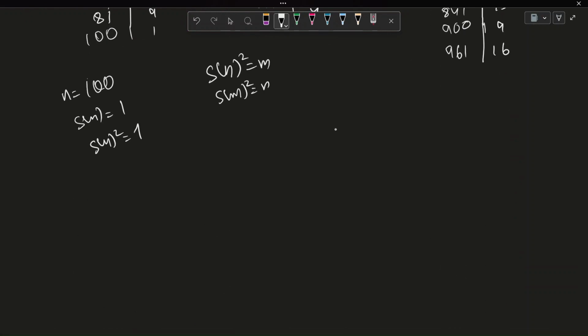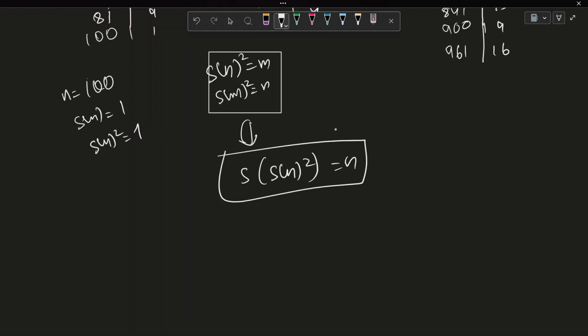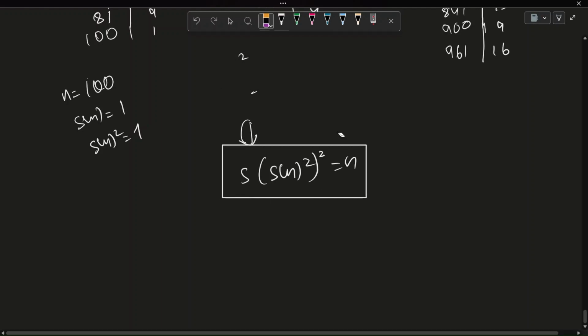Using these conditions to simplify our calculations after this, we write m as s of n whole square, and s of m whole square equal to n. This is our condition.